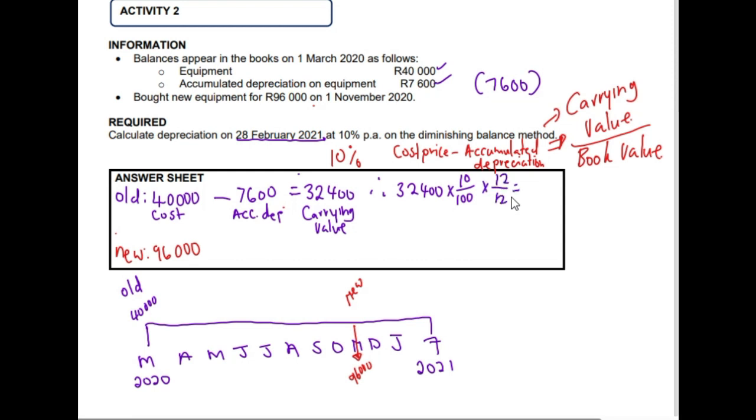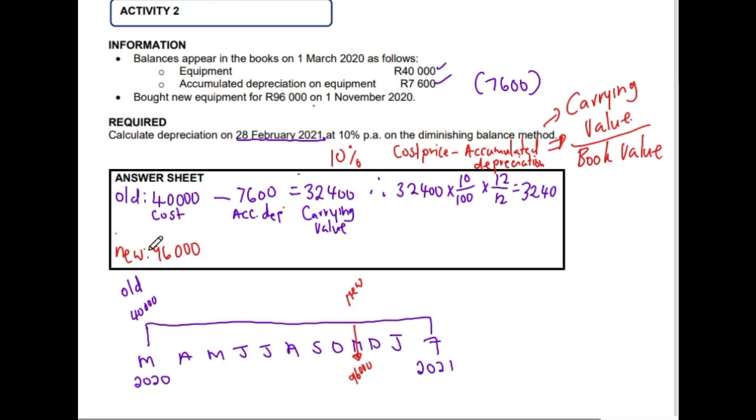Our depreciation is 32,400 multiplied by 10 divided by 100 multiplied by 12 divided by 12, the months. We have 3,240 as our depreciation for the old equipment.